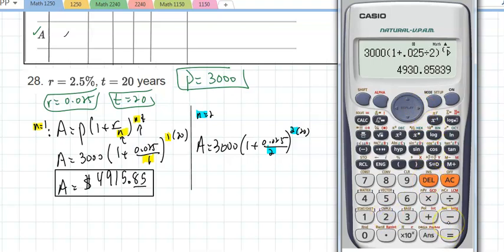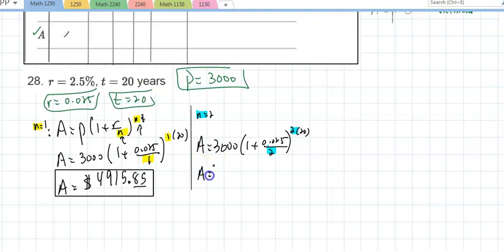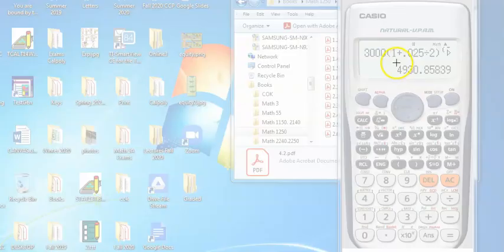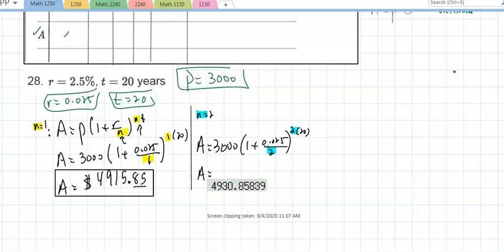And there it is, if you look at the equation. Now, if I was to get my interest twice a year, I'll get $4,930.86.